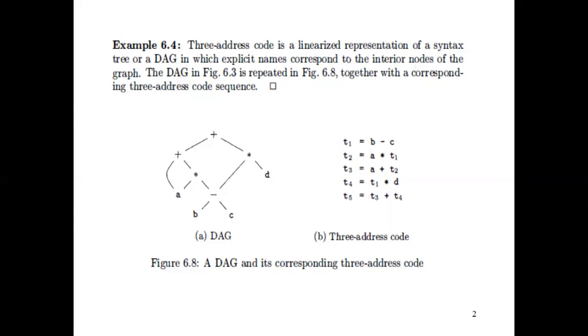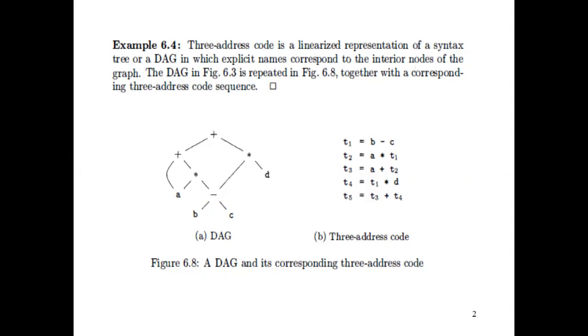In the directed acyclic graph, we remove the redundancy, we eliminate those expressions which are repeating again and again. If there is a repetition, suppose here b minus c, then that is called the common sub expression. No need to write the same expression which is repeating again and again.